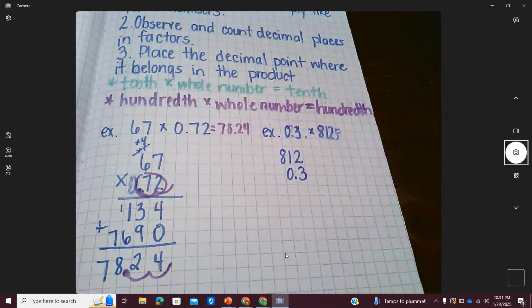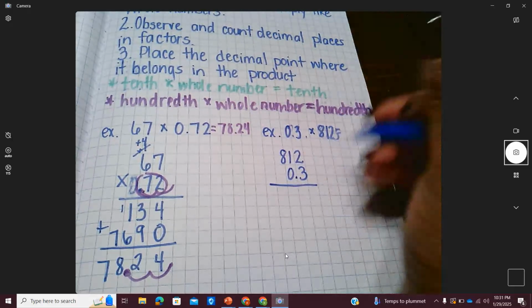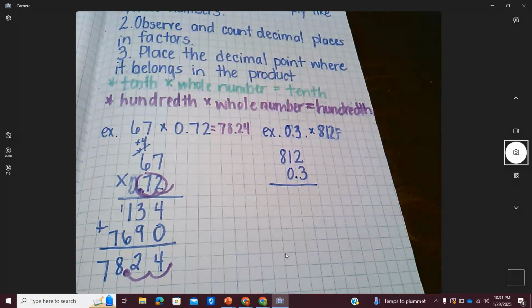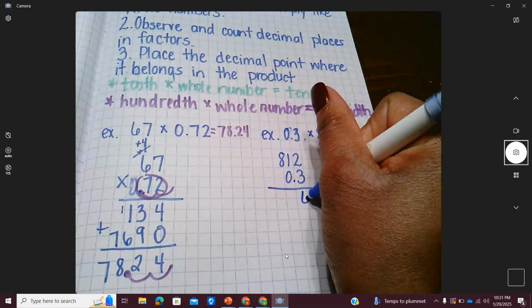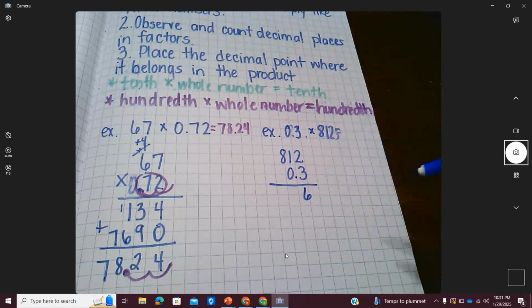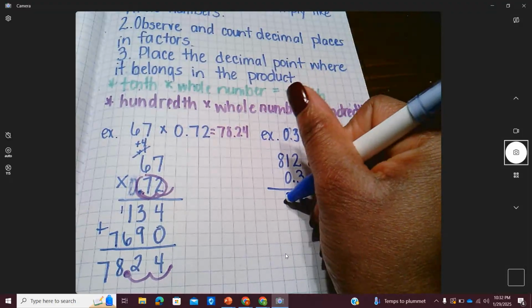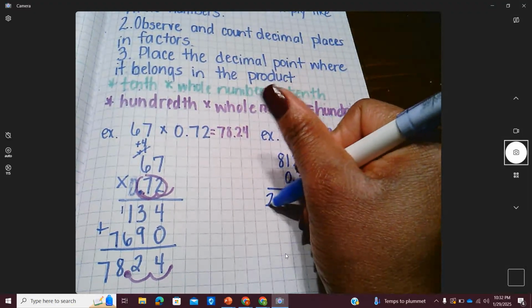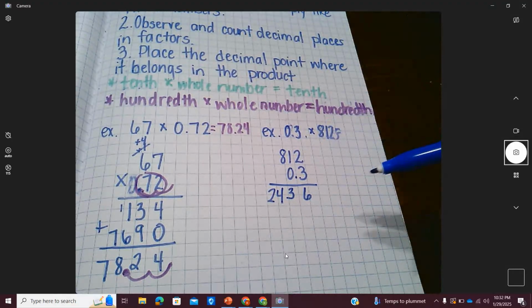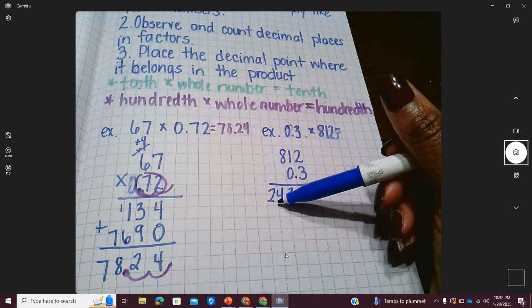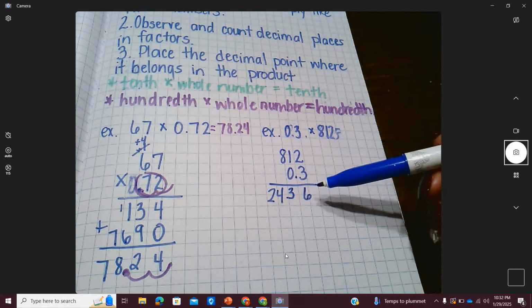I'm putting the decimal point in, but I'm not going to worry about it right now. I'm going to multiply like I would multiply whole numbers. So 3 times 2 is 6. 3 times 1 is 3. 3 times 8 is 24. 0 times this whole number is going to be 0. So I know that I'm going to have 2, 4, 3, and 6.